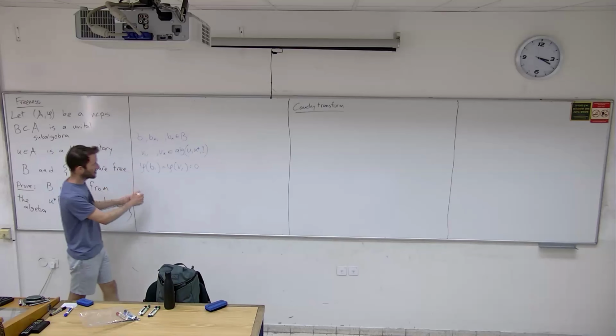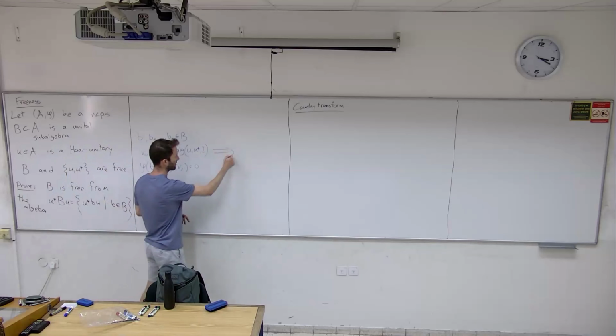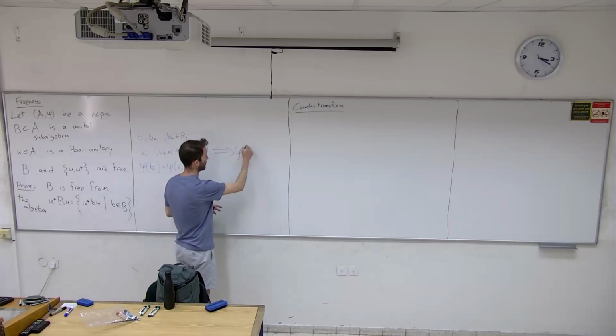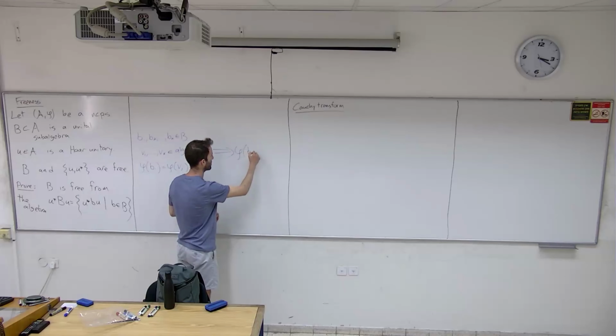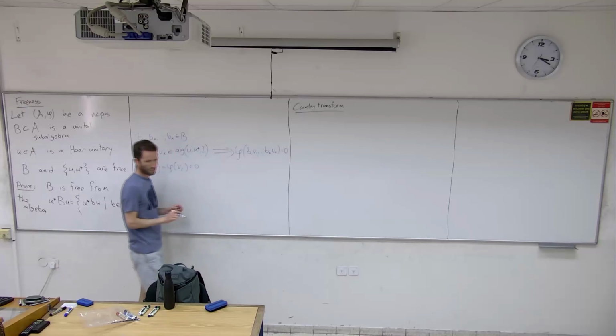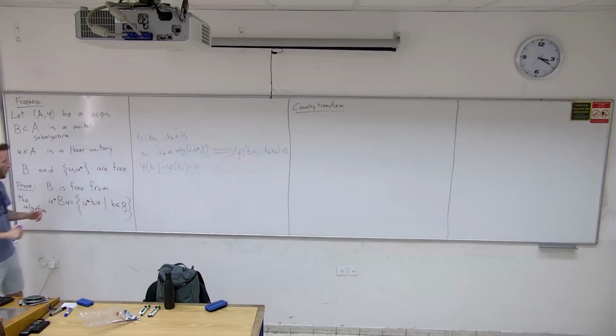If I have such a sequence, then that's just the definition of freeness: phi of the product b1 v1 up to bk vk equals 0. That's the definition.